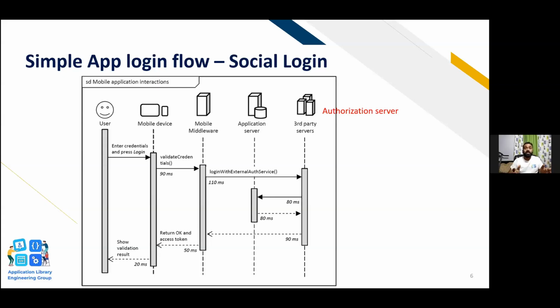Then we will see another important thing called social login, which is an advantage over our older logins where users had to remember multiple user IDs and passwords. Social logins are where you log in through some of your existing authorization services like Google, Facebook, Amazon, LinkedIn, all these services.